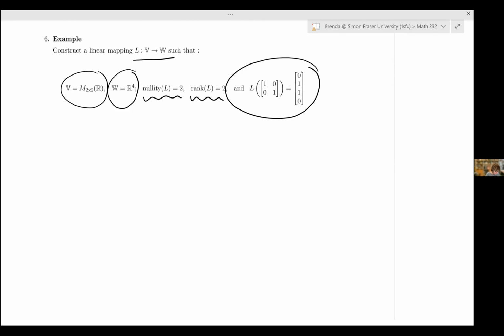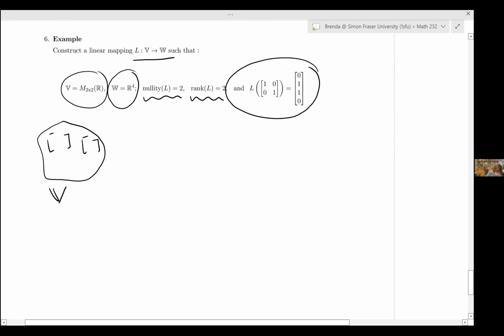So let's just take a look at what we're being told here. We have a vector space V, and in this vector space, there are all 2 by 2 matrices. The general one here looks like this: x1, x2, x3, x4.